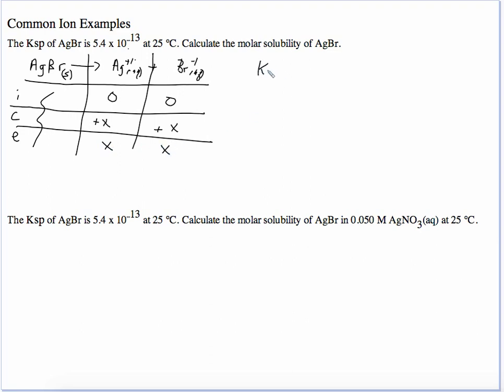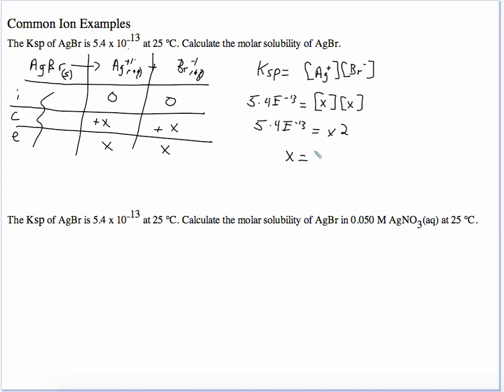Now, the next thing is we'll write our Ksp for silver bromide. So Ksp is going to equal the Ag+ concentration times the bromide concentration at equilibrium. Then we plug in our number: 5.4 e to the negative 13 equals X for silver times X for bromide, so 5.4 e to the negative 13 equals X squared.